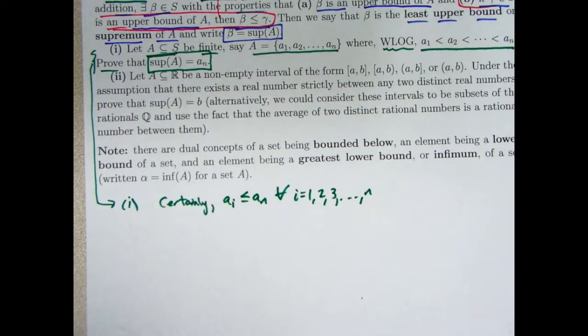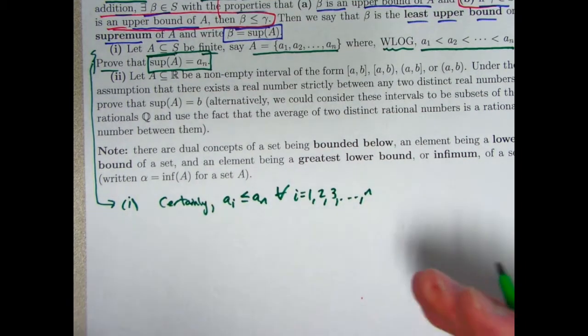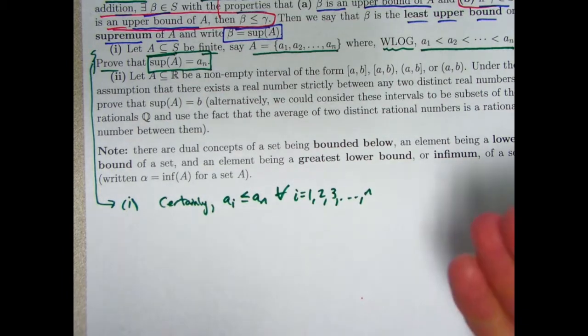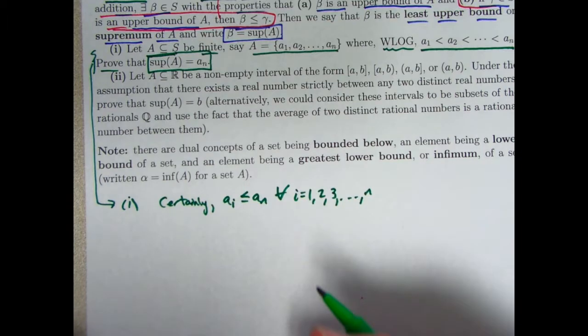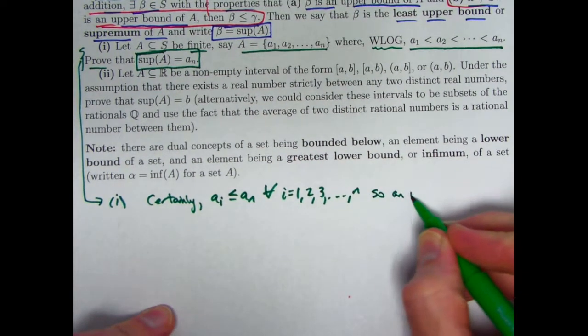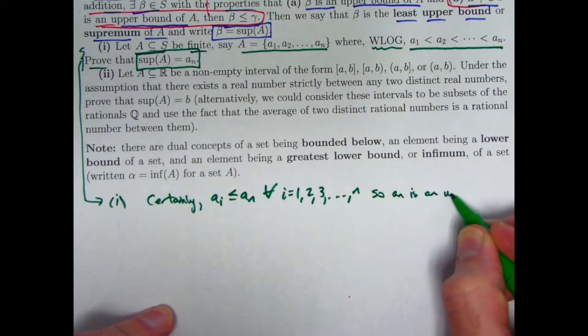It's a strict less than if i is 1 through n minus 1, and it's an equal when i equals n. So an is an upper bound of A.